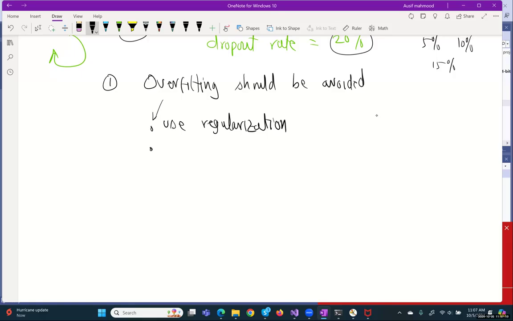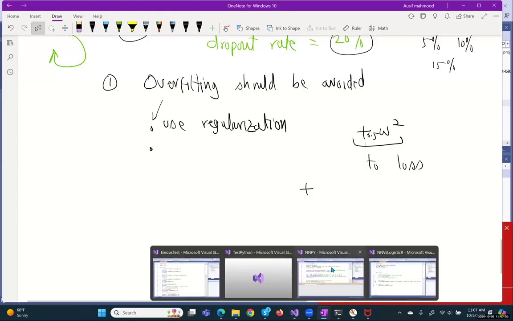Regularization adds a plus W squared term to the loss function. And all it does is, because the derivative of W squared is 2W, and if I put 0.5 over here, it's just W. That means during the training process, it keeps adding W, right? Let me show you a code and see if you can recognize it right away.